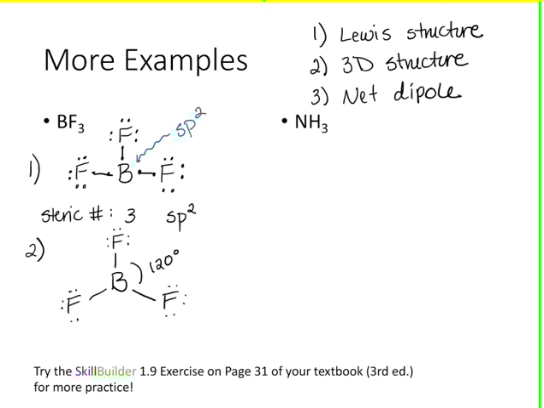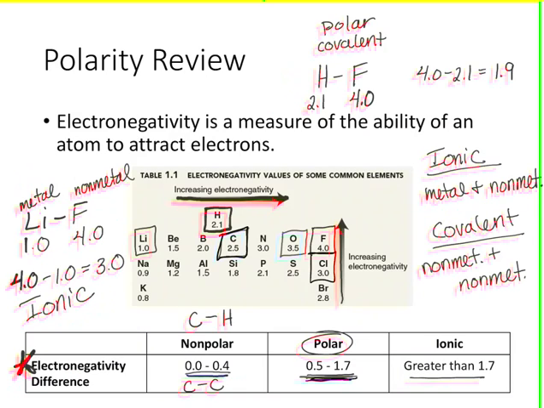Okay, so now let's figure out, do we have polar bonds? So let's go back to our electronegativity table. So boron has a value of 2. Fluorine has a value of 4. So what is the difference there? 2. So 4 minus 2 gives us 2.